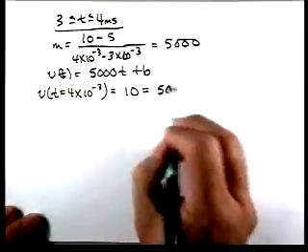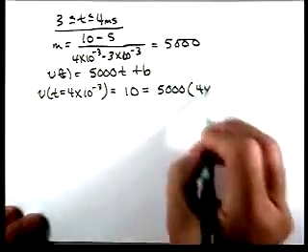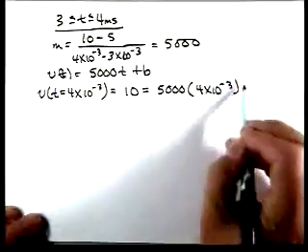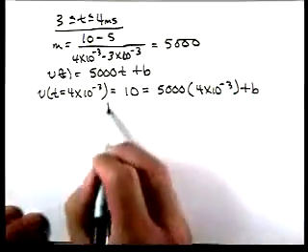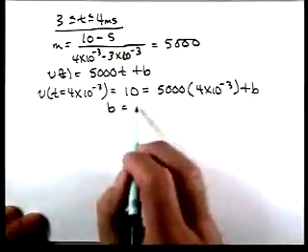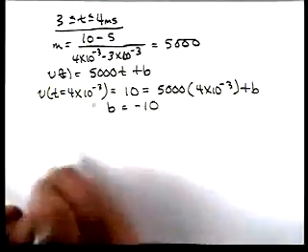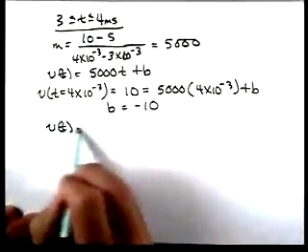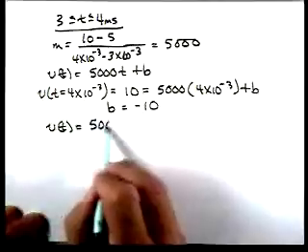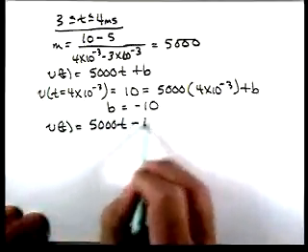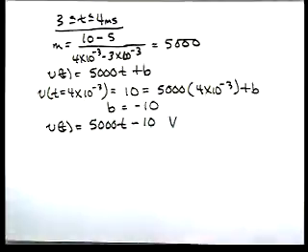That's 5,000 times 4 times 10 to the minus 3 plus B, which tells us the y-intercept is minus 10. So over this interval, V of t is 5,000 t minus 10 volts.